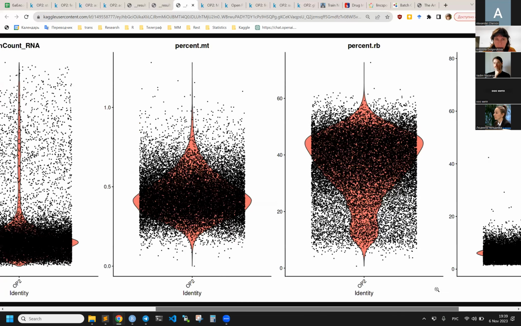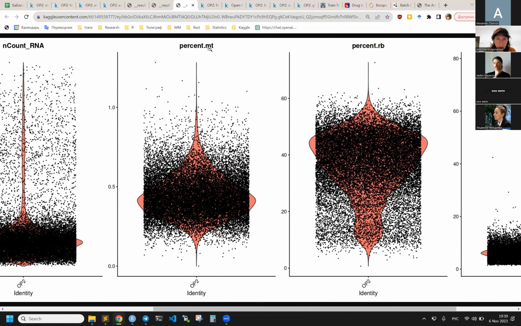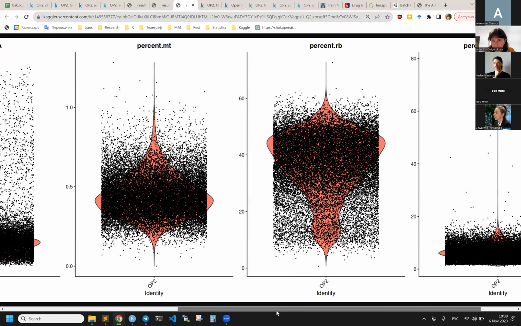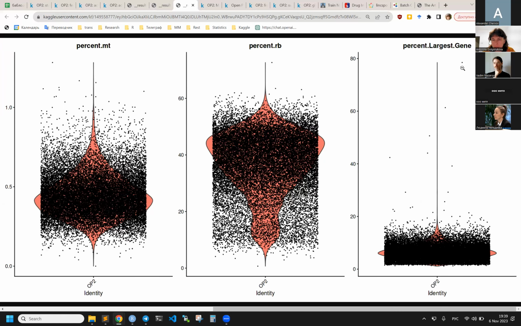Here are also two violin plots for mitochondrial and ribosomal percentages, and they are quite okay distributed. Here too, maybe these cells with lower ribosomal percentage are somehow different from each other, but mostly it's well distributed, I think. And here is our percent of largest gene. We can see that just a few cells, as I showed in the table, have a very high percent of largest gene.